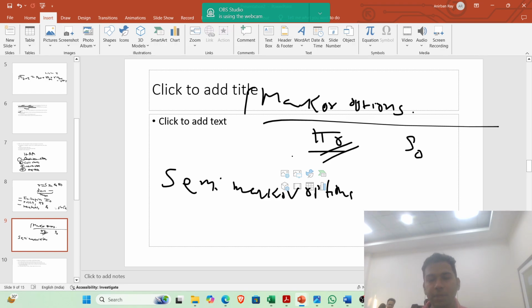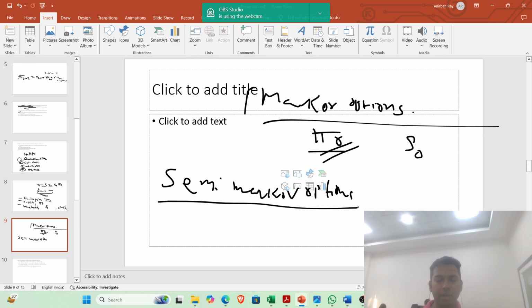Whenever the state S0 happens in the process, the applicable policy will be pi 0. So that is called Markov options, and it does not depend on which sequence of actions we have gone through to reach the state S0.